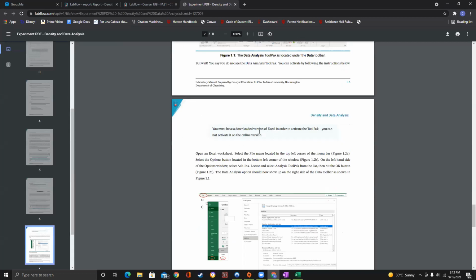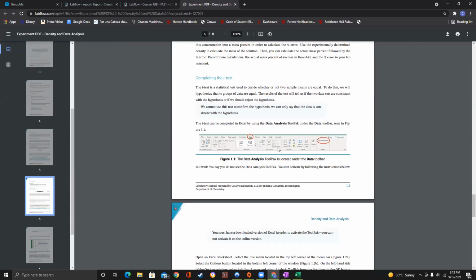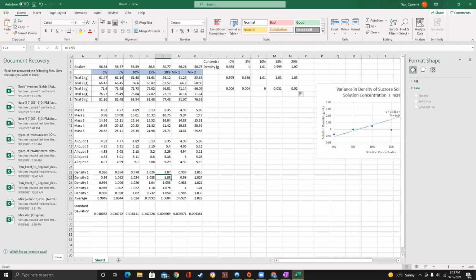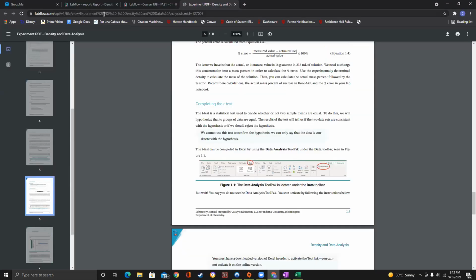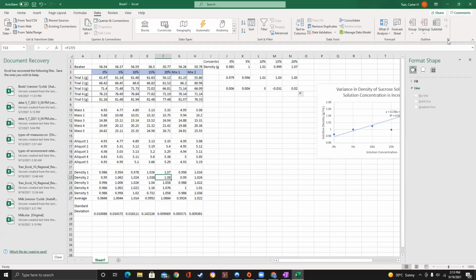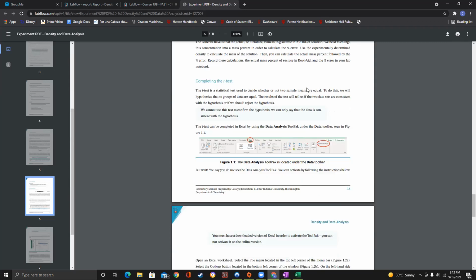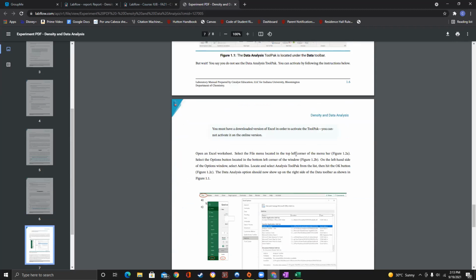Data. File menu, top left corner, options button.